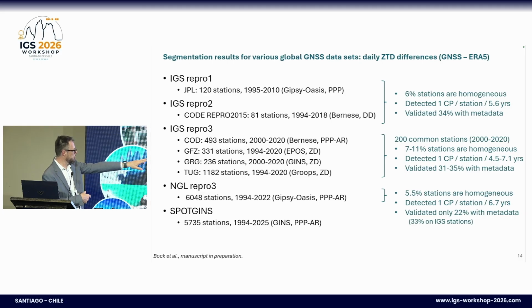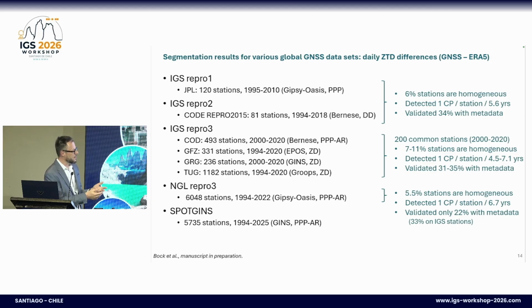I want to mention that for the NGL data set, the validation percentage is smaller. We explain this by different reasons. One of them is that we match only 90% of the stations because they use 4-character IDs, so we don't have the station with the same name. It means they rename the stations.